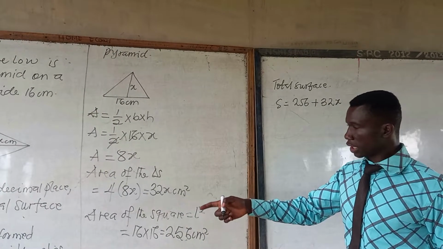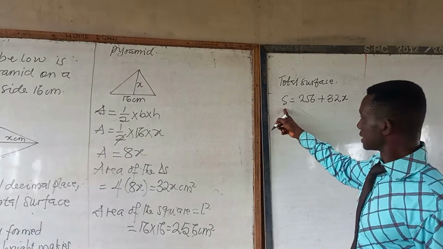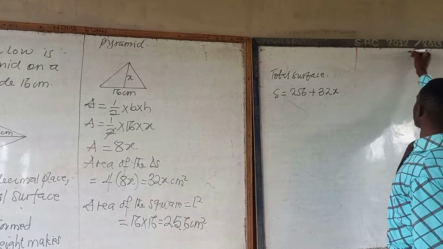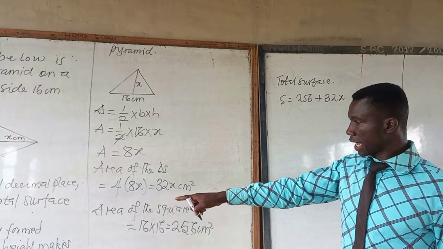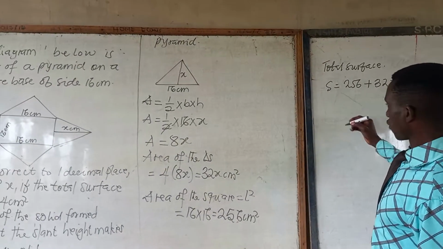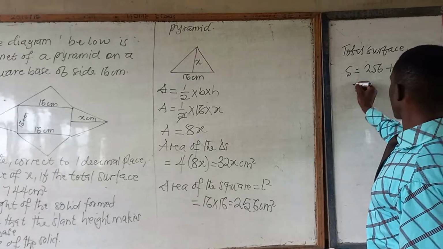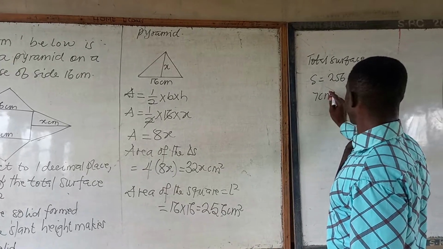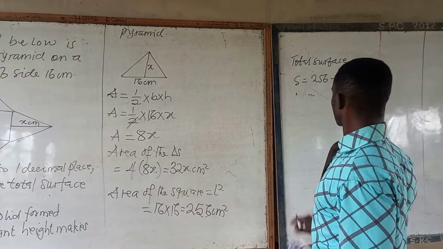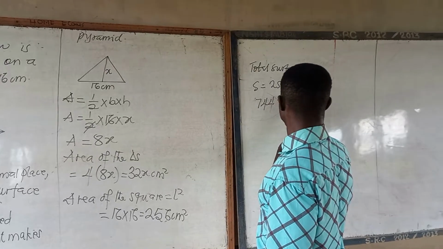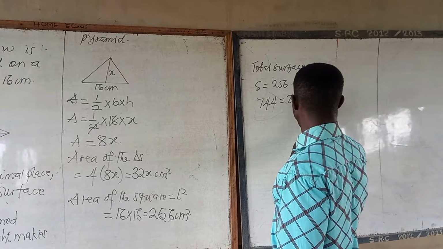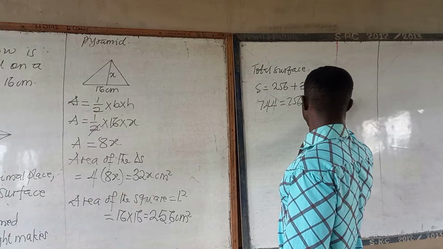But note, the total surface area has been given in the question as 744 centimeters squared. So 744 is equal to 256 plus 32x.